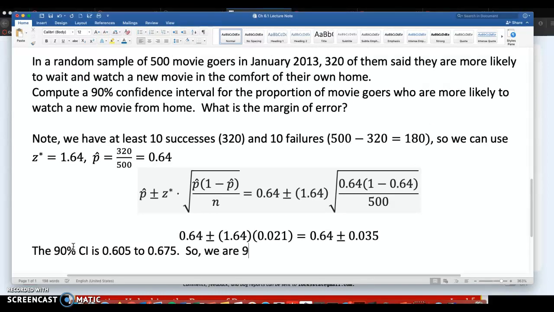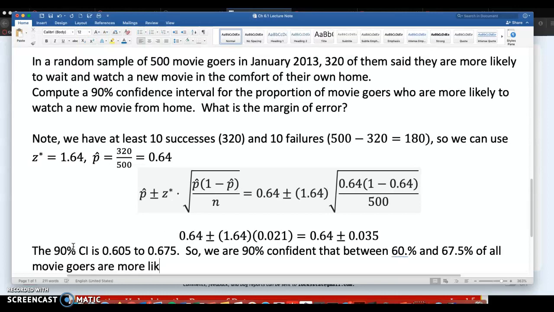So we are 90% confident that between 60.5% and 67.5% of all moviegoers are more likely to wait and watch a new movie at home.